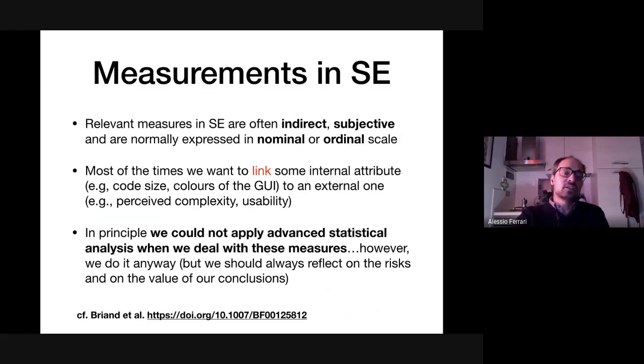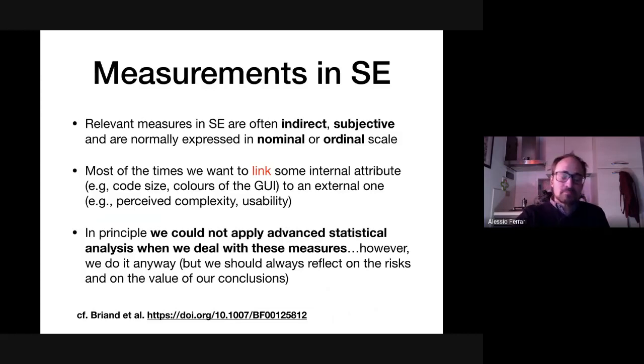So you consider on one hand an internal attribute, and you want to understand to what extent it relates to an external attribute. The reality, as I was telling before, is that you normally could not apply advanced statistical analysis with these measures, because they are often indirect, subjective, and on nominal and ordinal scales.